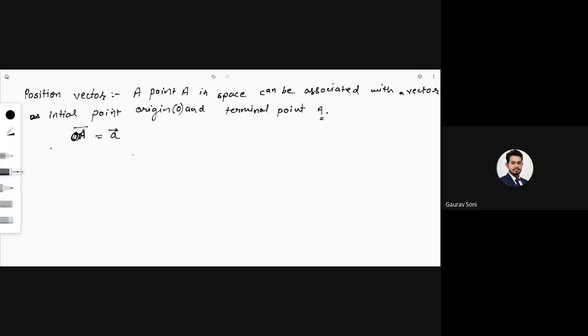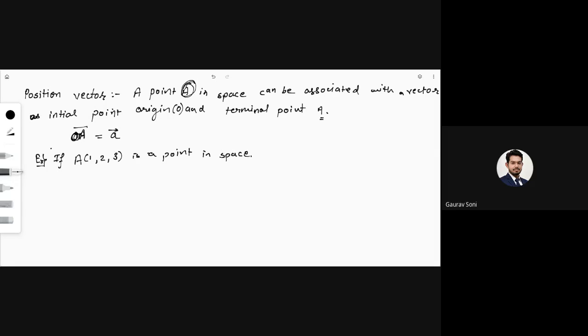So for any point I can write the position vector as A bar. So if A is the point, small a bar, if B is the point, small b bar, and these are the position vectors. So just for your understanding, I'll write down an example: if 1, 2, 3 is a point in space.